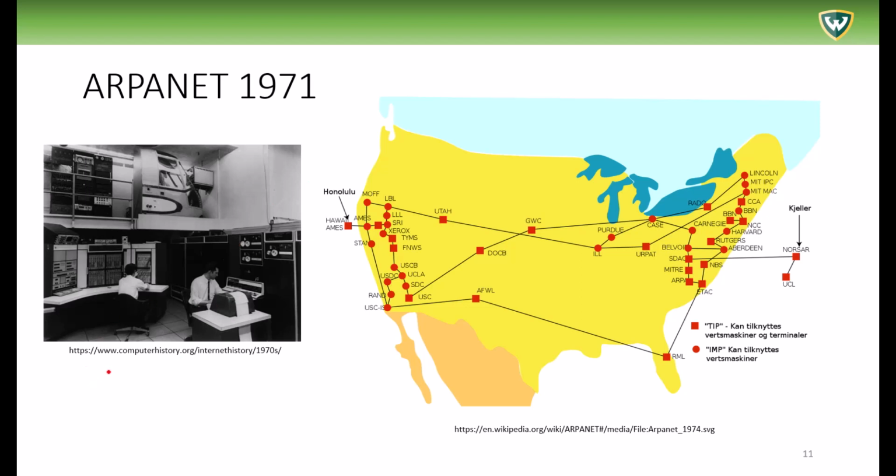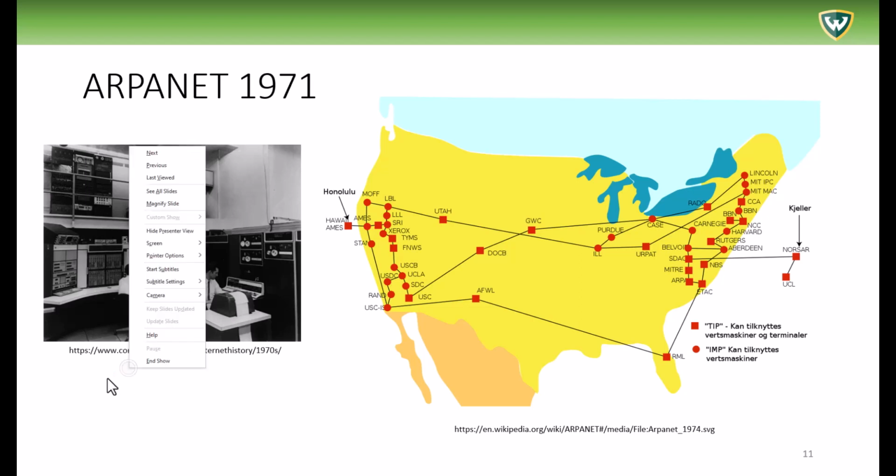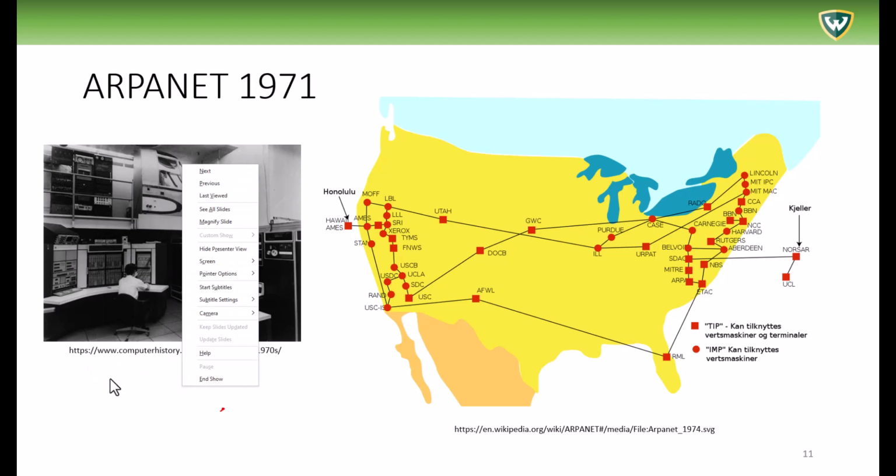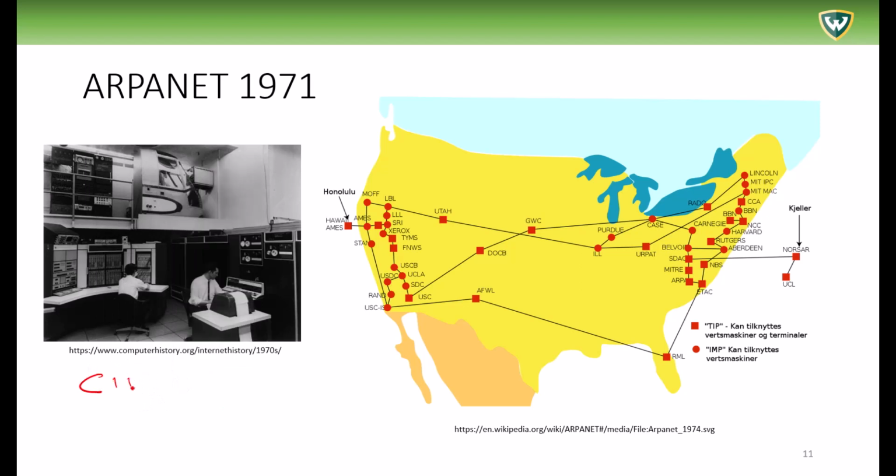Wireless comes later, but we had the wired communication infrastructure, and that was based on the technology of circuit switching, which was the analog, more electric based technology of the telephone communication infrastructure.